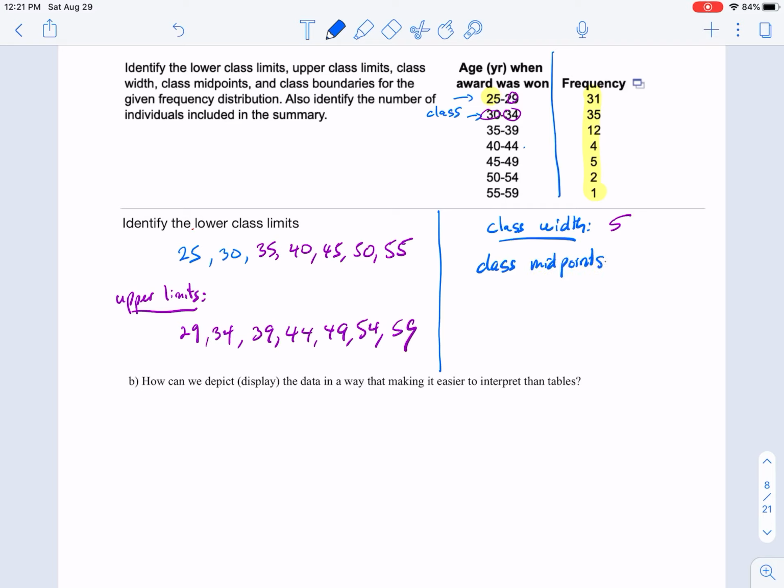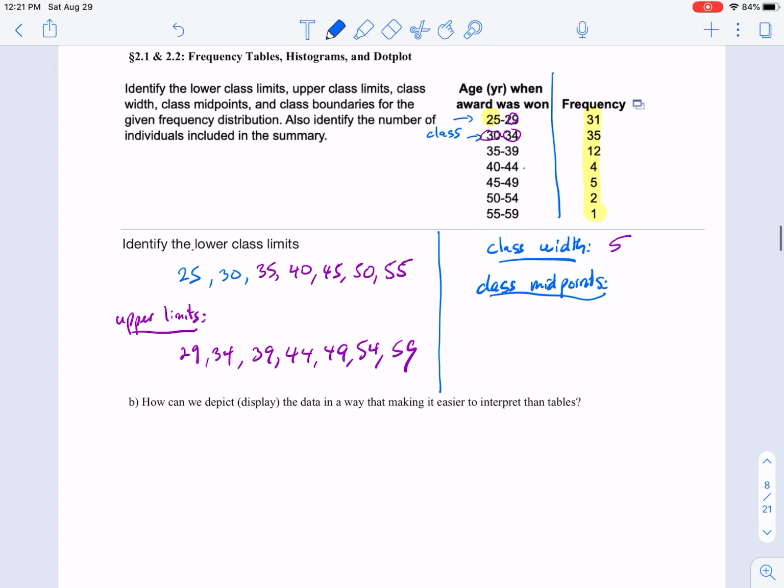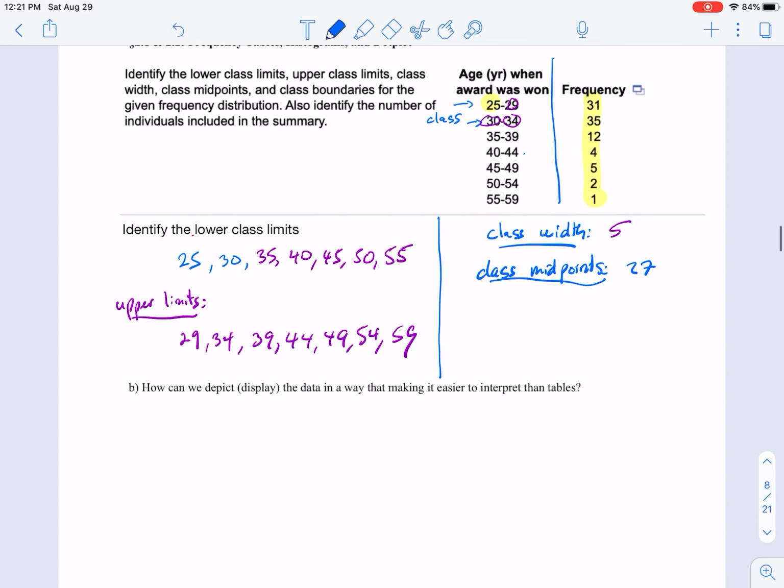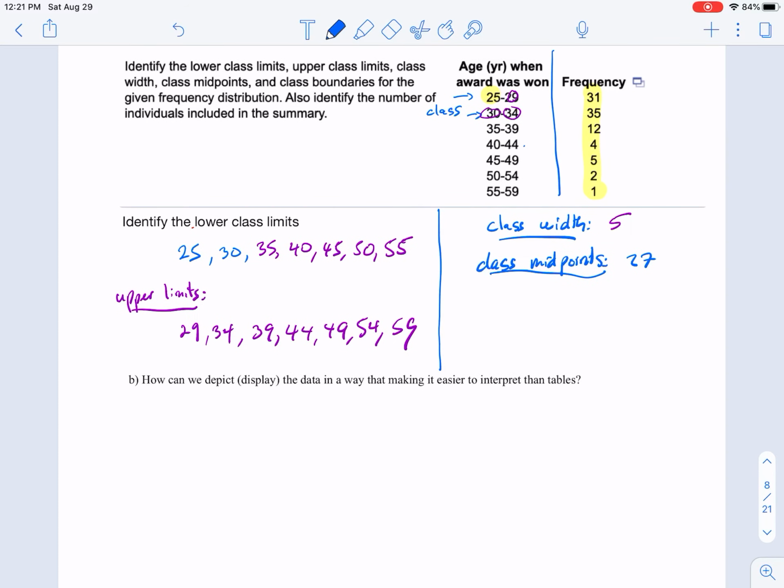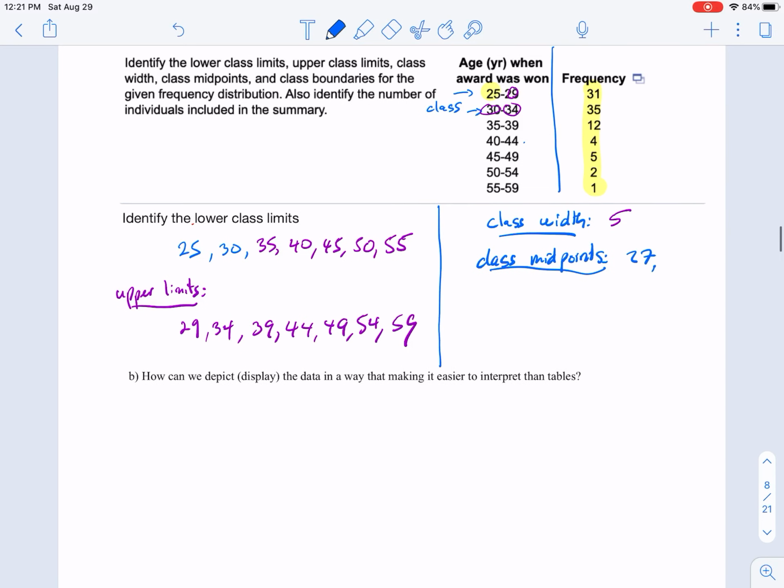For the first class, we're looking at 25 to 29, so the midpoint will be 27. Since the class width is 5, we just add 5 to get all the class midpoints. So 27 plus 5 is 32, and then 37, 42, 47, 52, and 57. Those will be the class midpoints.